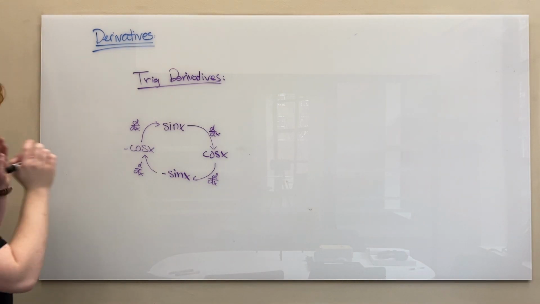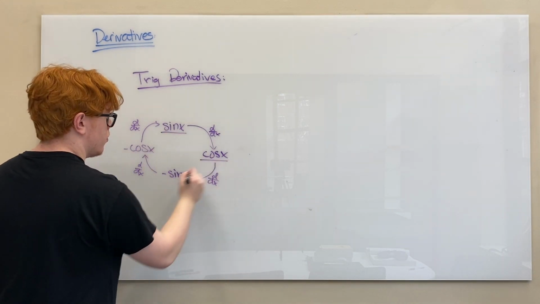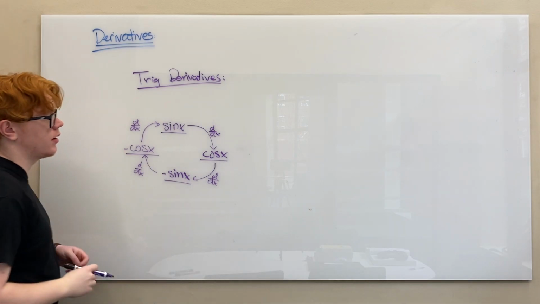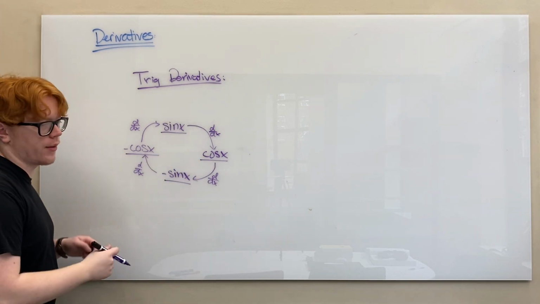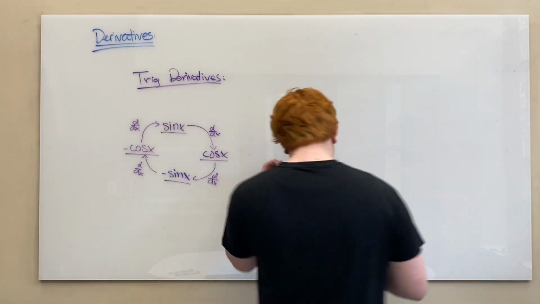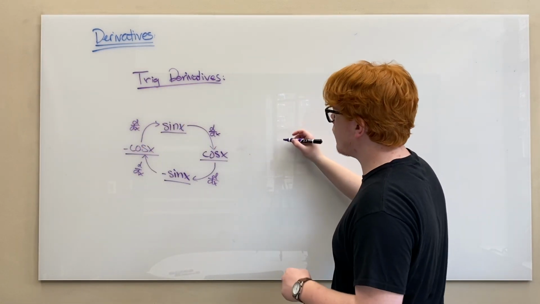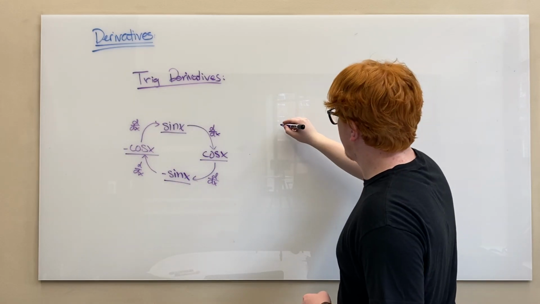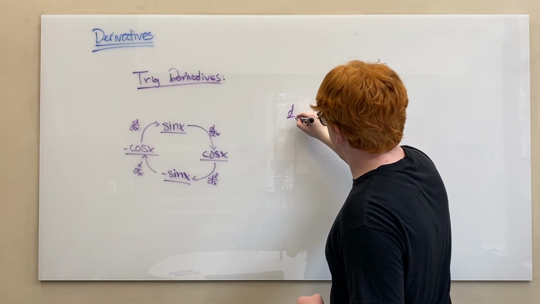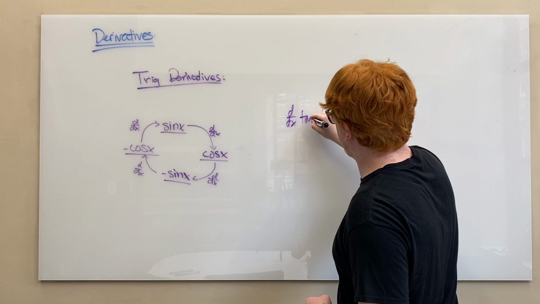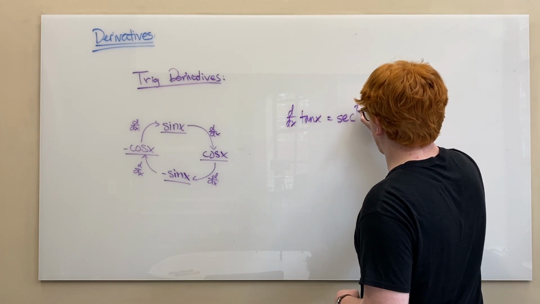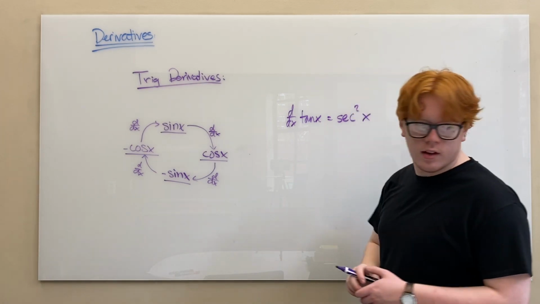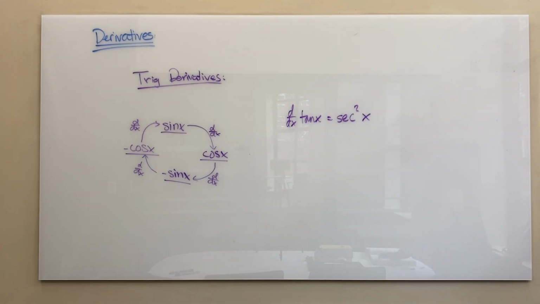So that's those 4 functions, or I guess 2 functions, but that's kind of how they work with the derivative. And then you have, let's see here, d dx of tangent of x is going to be secant squared x. Let me just, because I'm going to give you guys some more here.